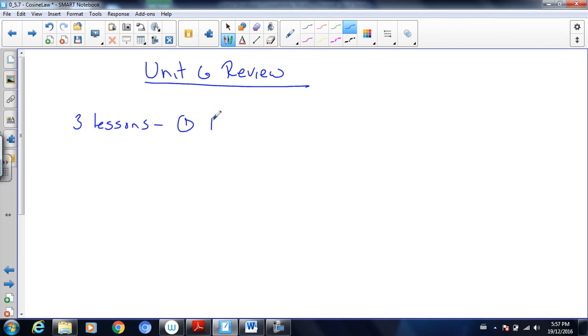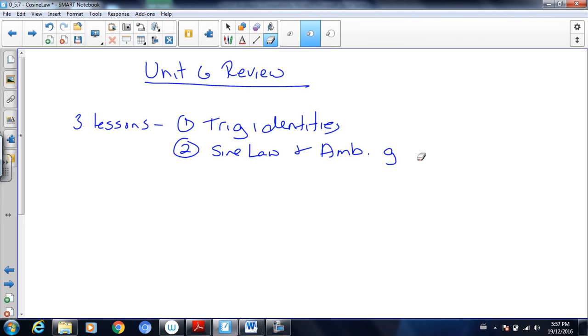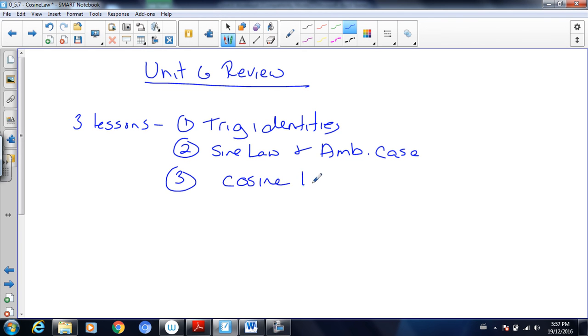One is on trig identities, also on the sine law and ambiguous case, and then it's also on the cosine law.